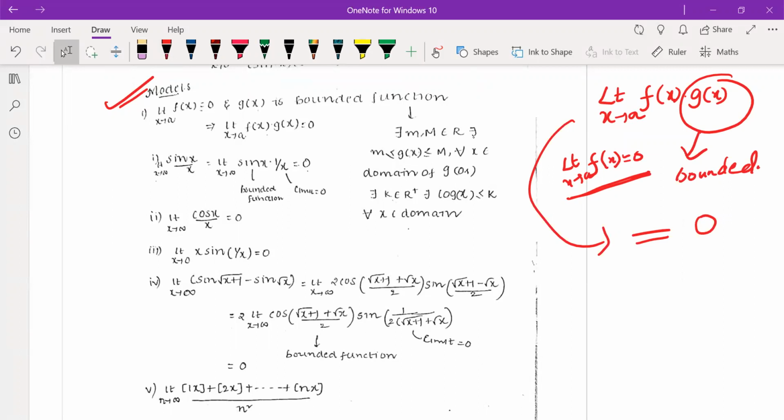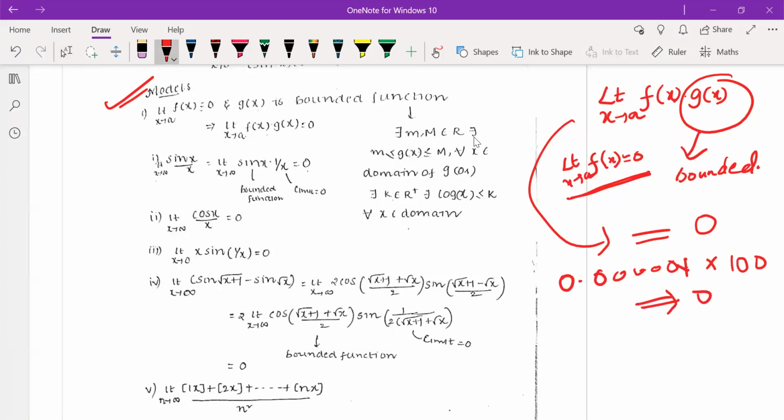I'll explain it: any number multiplied with 0 is 0. Bounded means it's finite; its value is finite. When you say it lies between two numbers, those are finite numbers. When we multiply any finite number with a number very near to 0, like 0.0000001 into, let that number be 100, this will become 0.